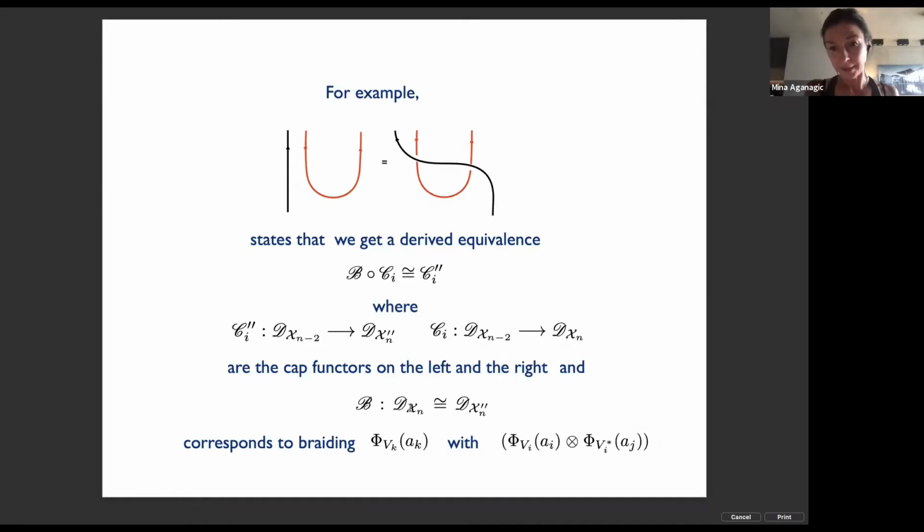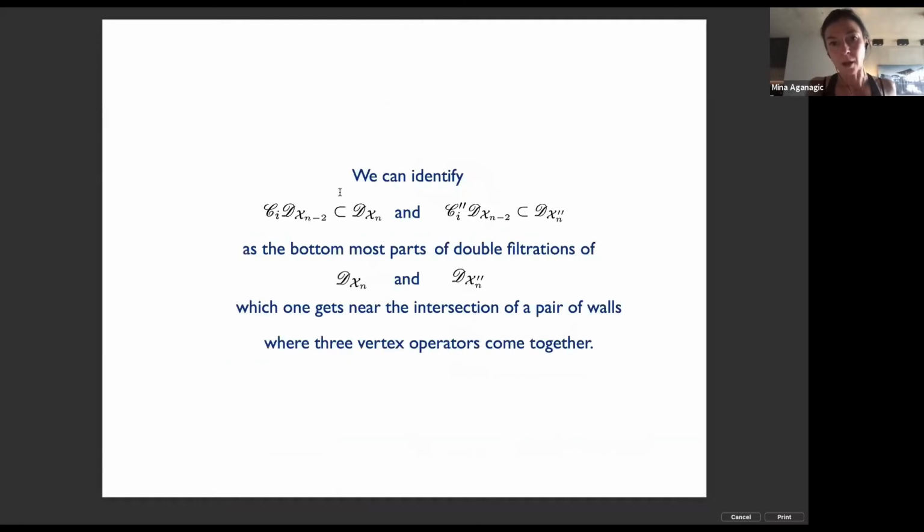It's the braiding functor that braids one vertex operator with a pair. Now we can identify the images of the two cup functors as bottom parts of double filtrations that the derived categories develop near an intersection of a pair of walls, because now we are bringing three vertex operators together.